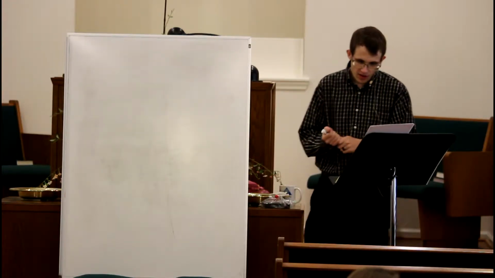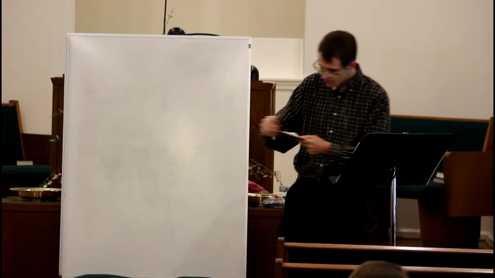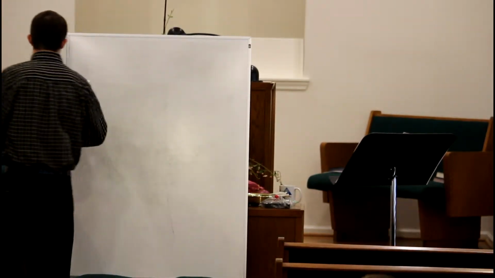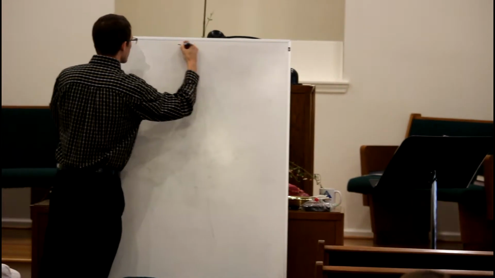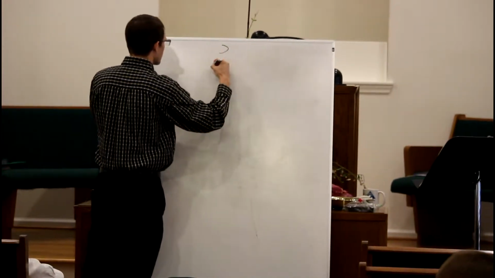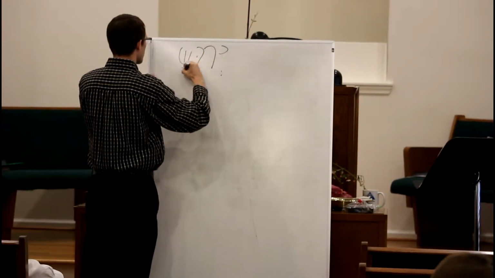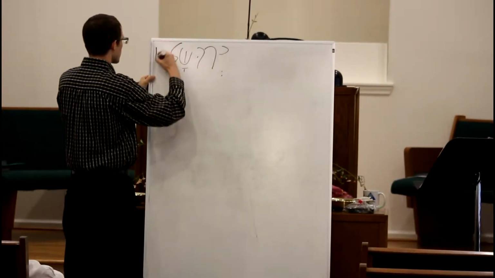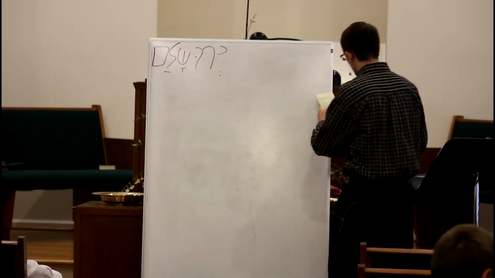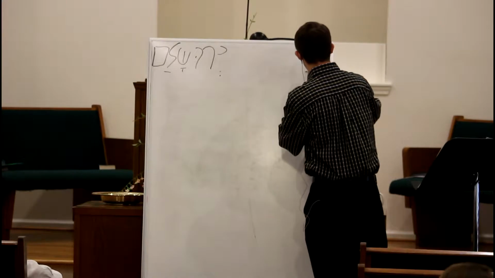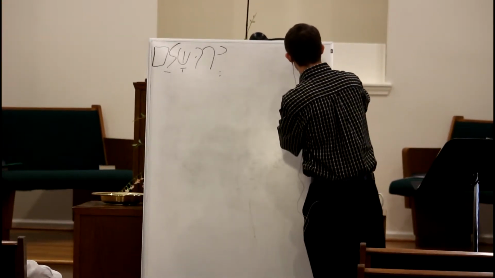So we had our 2 words that we considered. I'll go ahead and do one here. We had Yerushalayim, the Hebrew name for Jerusalem, or the Hebrew spelling. Jerusalem is a transliteration.